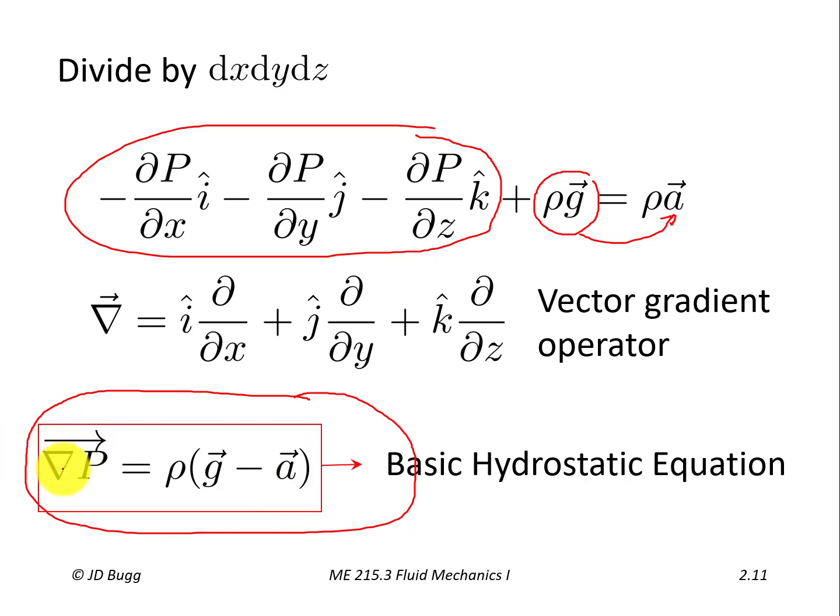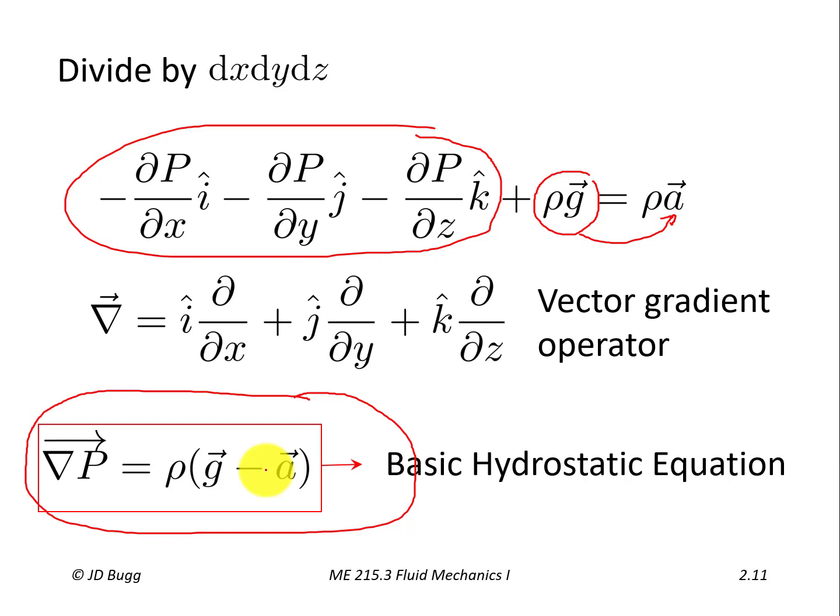So the pressure here is exerting forces on the fluid. Gravity is exerting forces on the fluid, and that results in some acceleration. This acceleration may be 0 in a lot of problems that we're going to do, but this is just 2 forces, surface forces and body forces, giving rise to acceleration potentially.